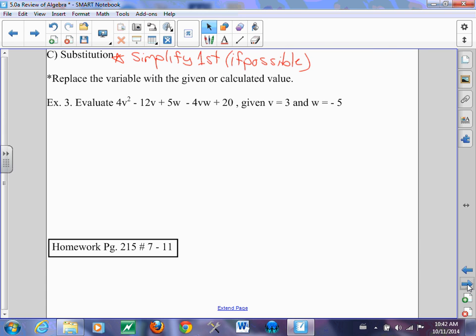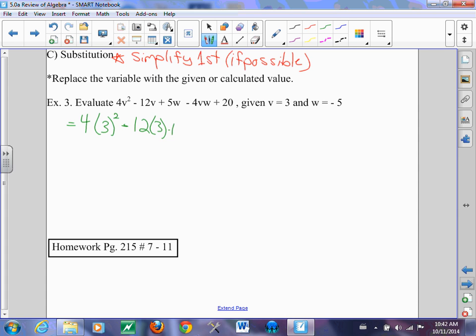So simplify if possible. What we're going to do is rewrite this expression, and wherever we see a v, we're going to sub in 3, and wherever we see a w, we're going to put in -5. So it's going to be 4 times 3 squared minus 12 times 3 plus 5 times -5 minus 4 times 3 times -5 plus 20.